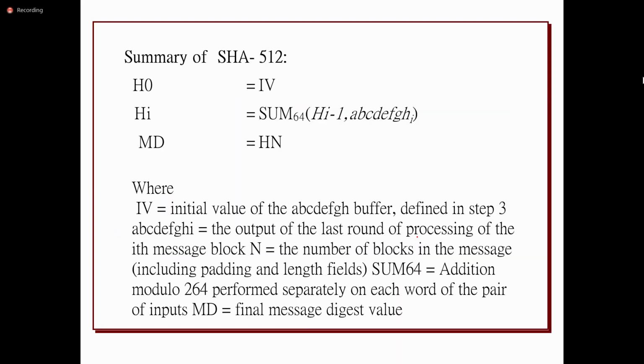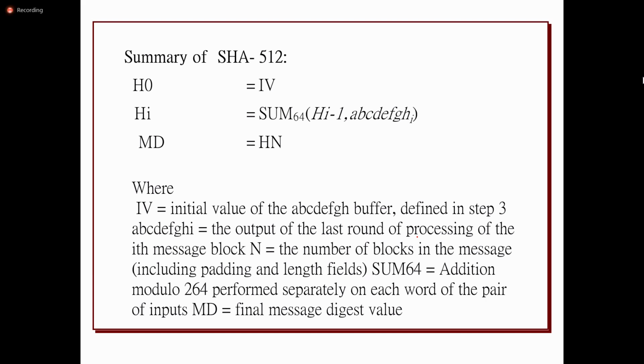So if we see the summary of the SHA-512 algorithm, it is going to have 80 rounds. The input is plain text. Input for the first round is plain text as well as the initial value.